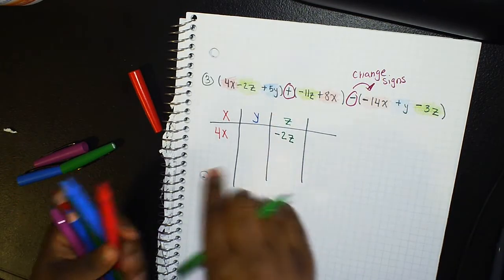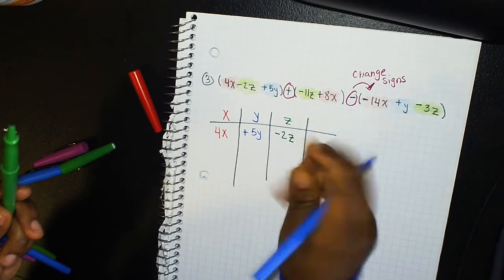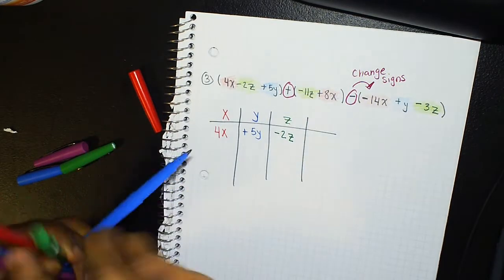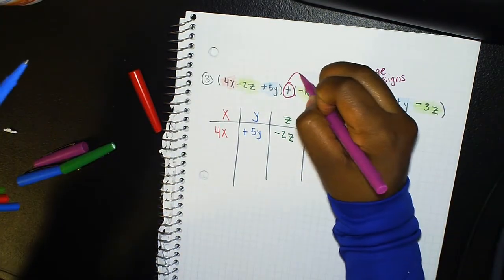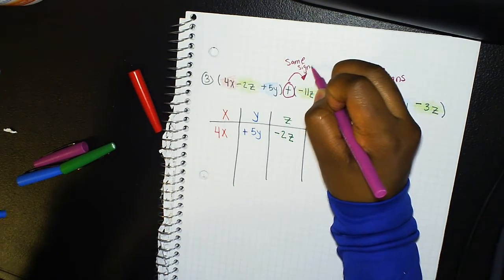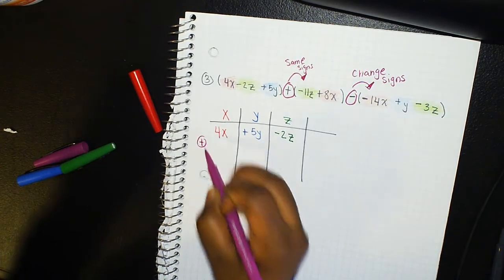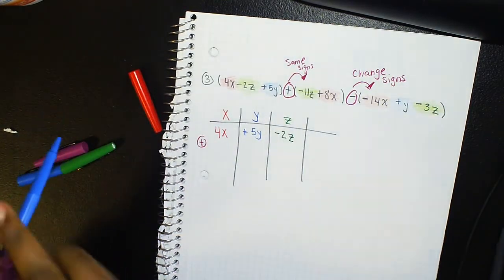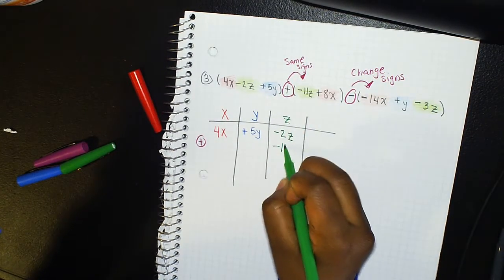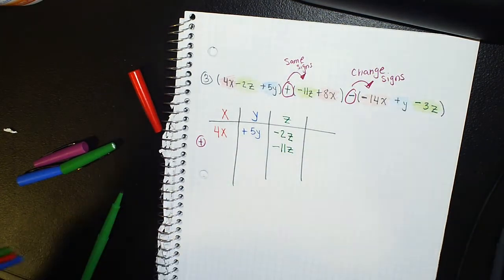And plus 5y. I'm adding so my signs stay the same. Remember, same signs. So I keep my signs the same. So I have a negative 11z. So that's going to go under the z. And 8x.